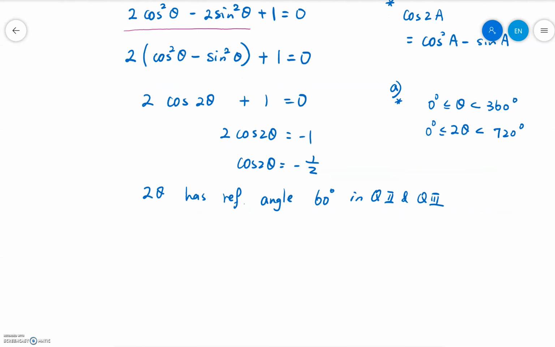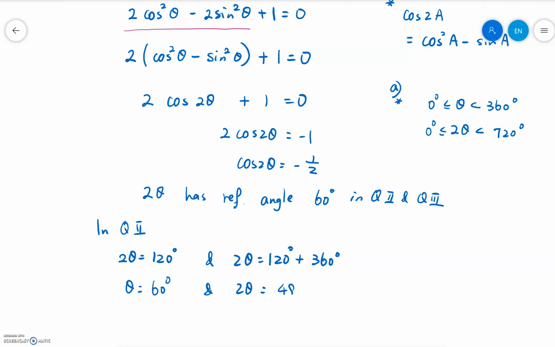When I say that 2 theta is in quadrant 2, my 2 theta can equal 120, which is in 1 revolution, 0 to 360, and also can equal 120 plus 360, which is 2 revolutions, between 360 to 720. Then 2 theta will equal 120, and 2 theta will equal 480, so theta will equal 60 and 240.